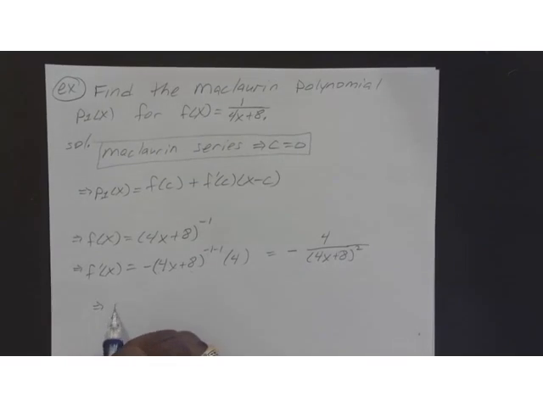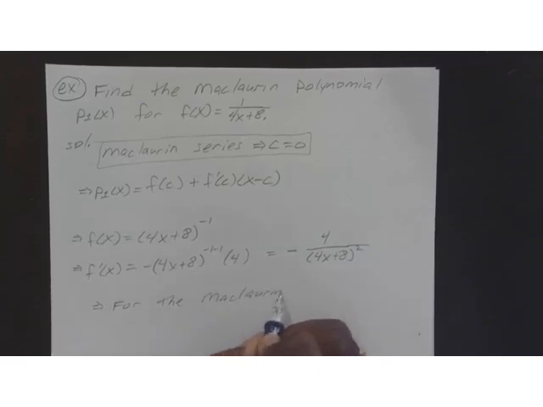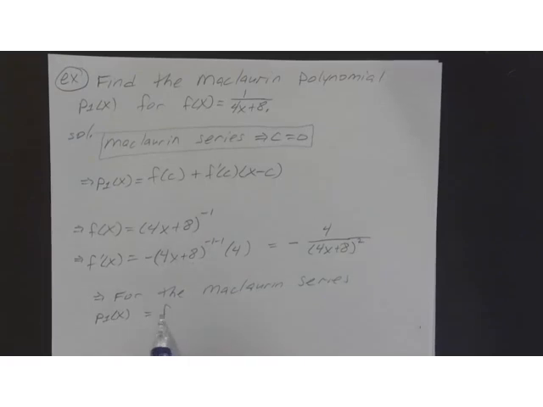Okay, so we know that for the Maclaurin series, our p sub 1 of x is equal to f of 0 plus f prime of 0 times x minus c.